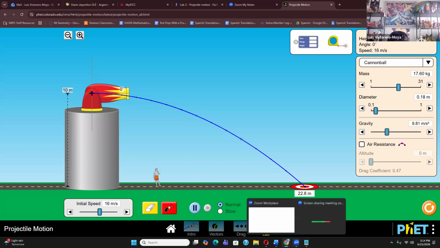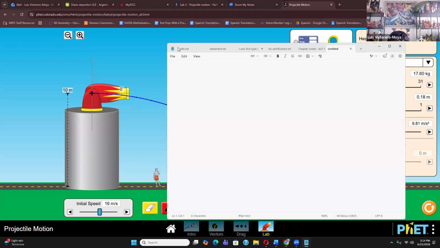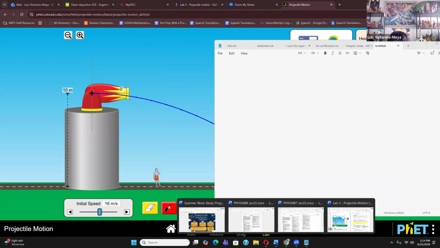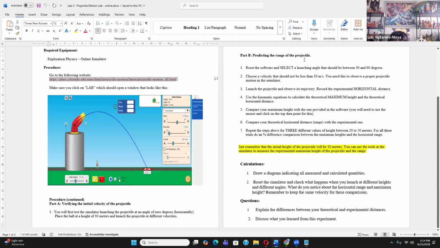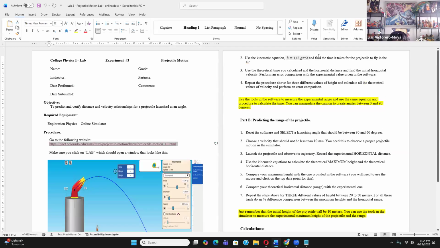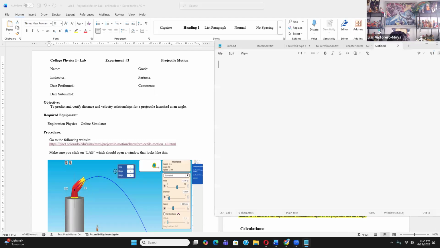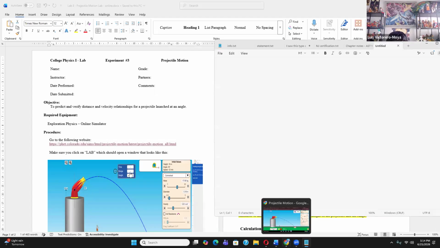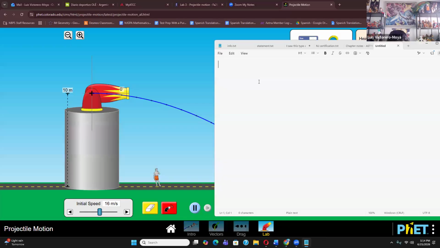For part A, you are going to have to do some calculations. You are going to calculate the time it takes for the projectile to fly in the air. So if you have this setup, then 10 meters equals 1/2 gravity times time squared.